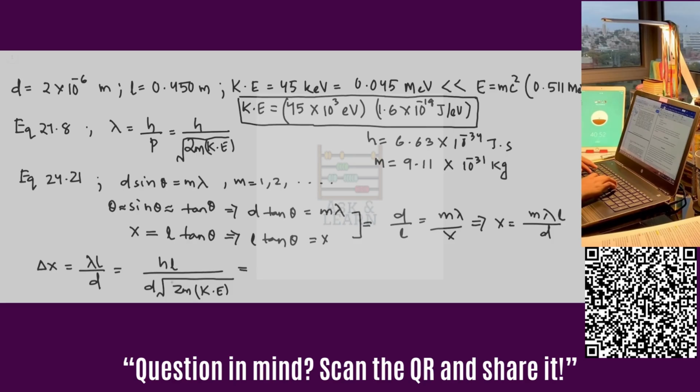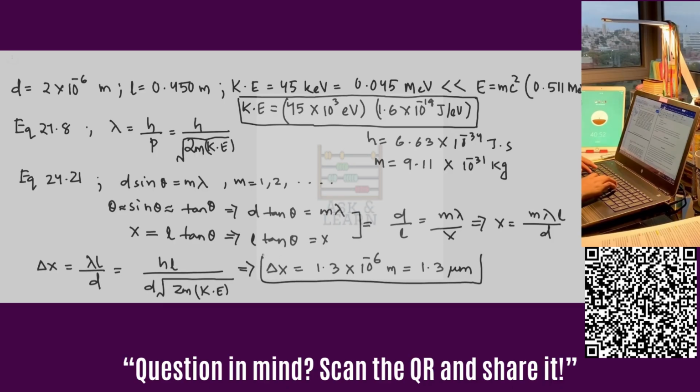Okay, so now we can solve for delta x and we get this value to be 1.3 times 10 to the power minus 6 meter, or we can write this in terms of micrometers.